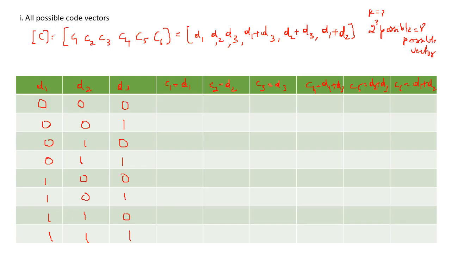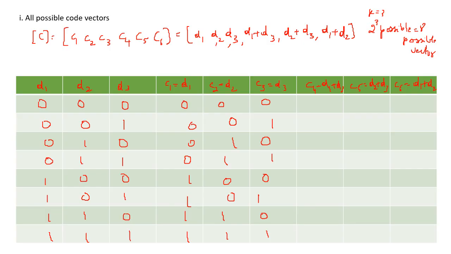The first 3 bits are the same as the message bits, so we write 000, 001, 010, 011, 100, 101, 110, 111. This forms the first 3 bits of the code vector.